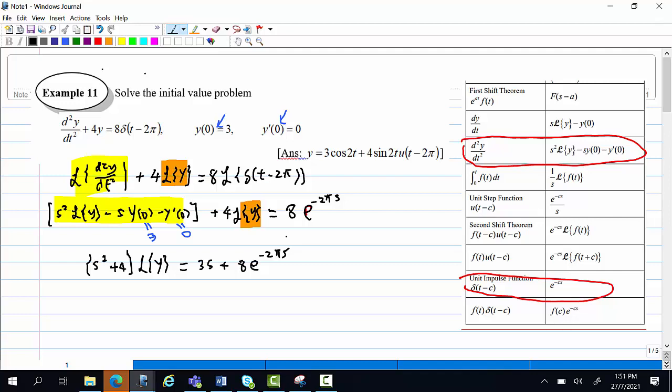Okay, so eventually you get the Laplace transform of y is equal to 3s over s squared plus 4, plus 8 e to the minus 2πs over s squared plus 4.